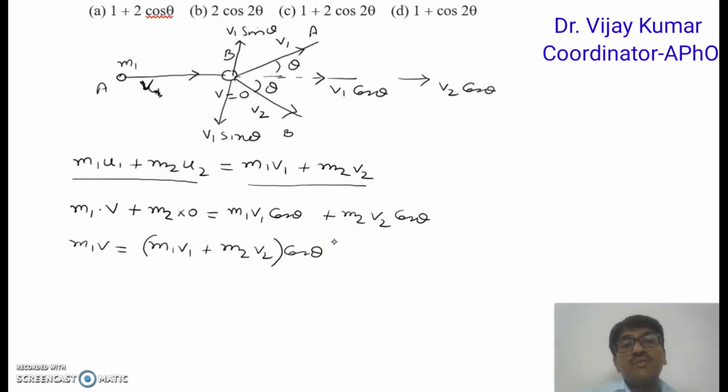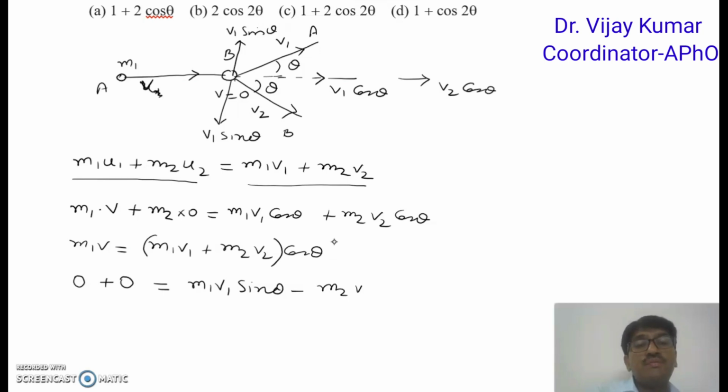In the vertical direction, before collision there is no vertical component of m1 v, and mass m2 is stationary. So before collision, the vertical component for both balls is 0. After collision it should be m1 v1 sin theta, and as the directions of the vertical components are opposite to each other, minus m2 v2 sin theta.